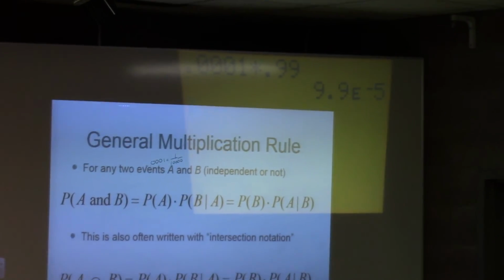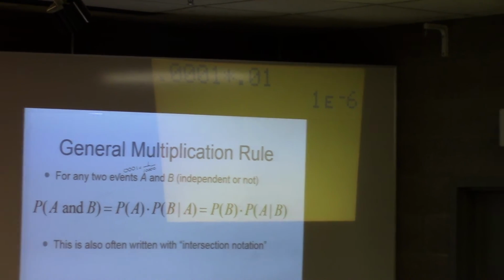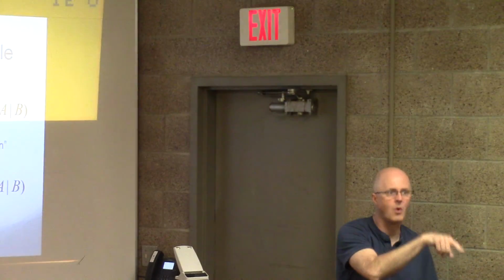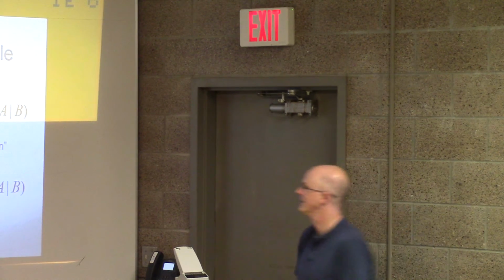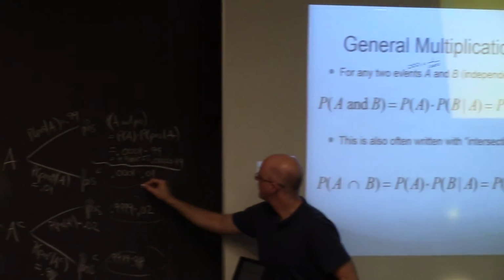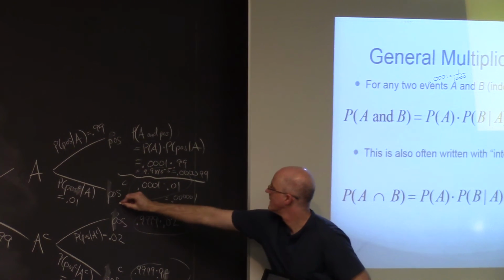The next one, 0.0001 times 0.01 is 1 times 10 to the negative 6, which would be 0.000001.